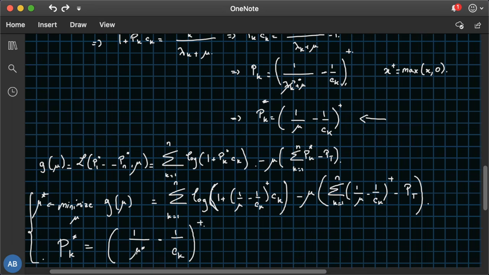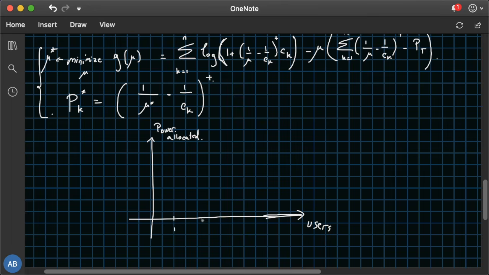Now, 1 over mu is the power limit which you will not exceed in each and every channel. So if we've got 5 users, and we're allocating power to each and every user, then 1 over mu star, say it's over here, is the maximum power you can allocate for any user. You could allocate less, but not more, right?